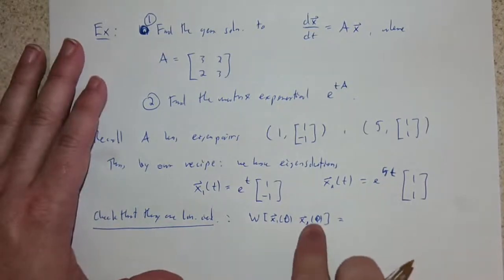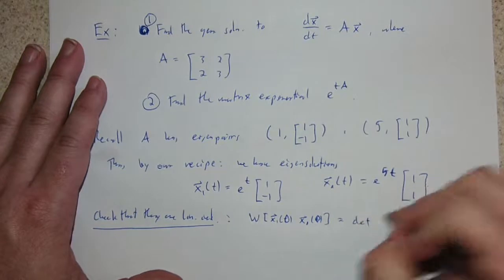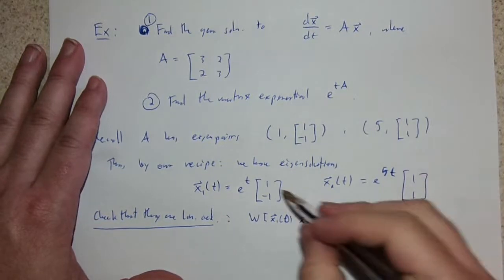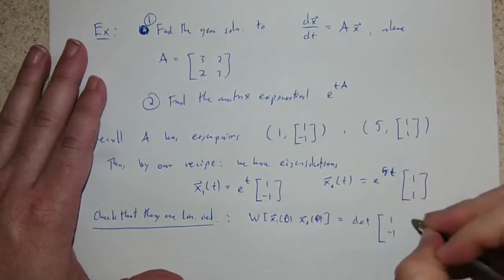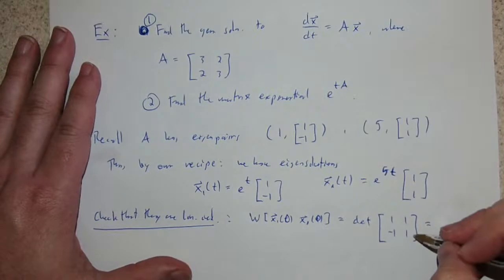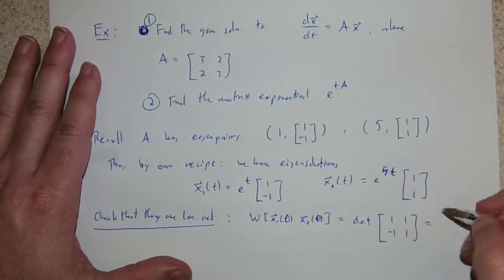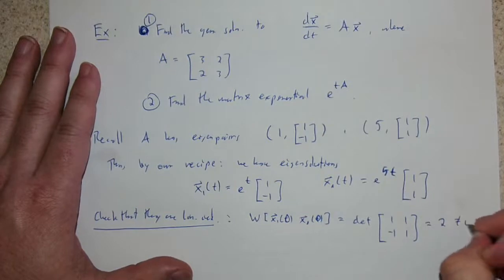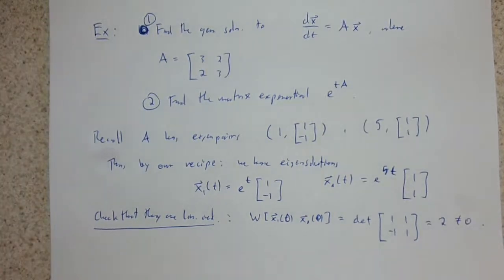So at 0, this is the determinant of the matrix [1, 1; -1, 1]. What is this determinant? It is 1 times 1 minus (-1) times 1, so 1 plus 1 is 2, which is non-zero. So they are in fact linearly independent.